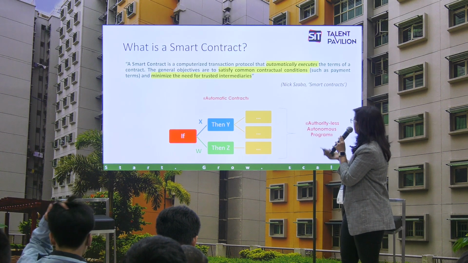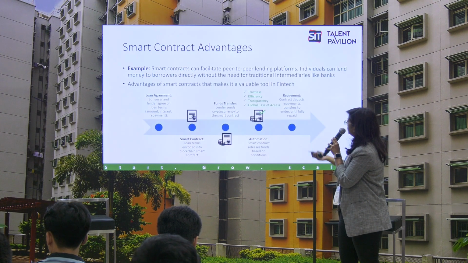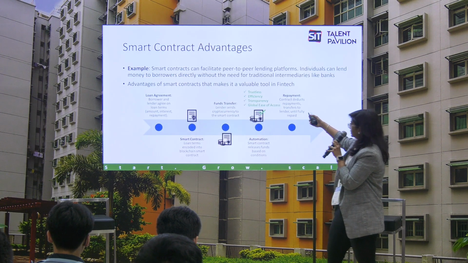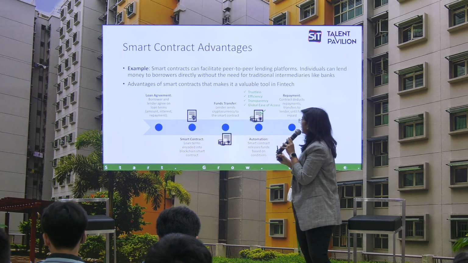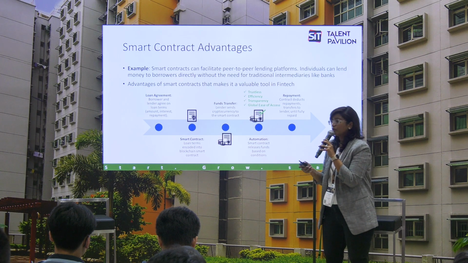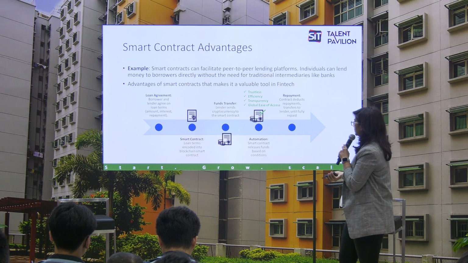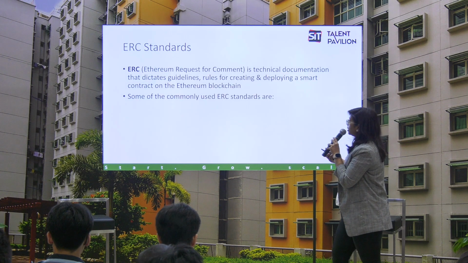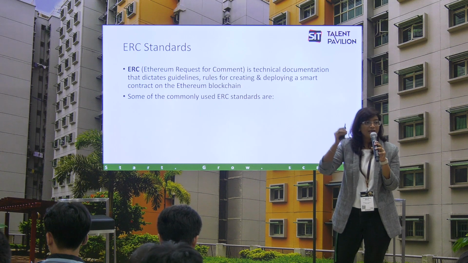So these are automatically executed, right? The advantage here is it's a trustless process, it's efficient, there is transparency, and there is ease of access, right? So these are some of the advantages of moving towards smart contracts, okay? And of course, smart contract transactions happen through tokens, and there have to be some standards.